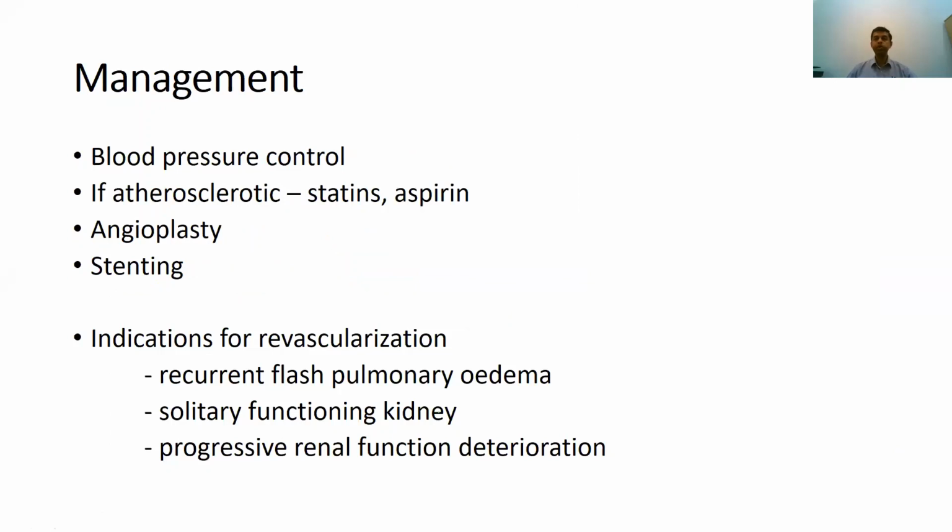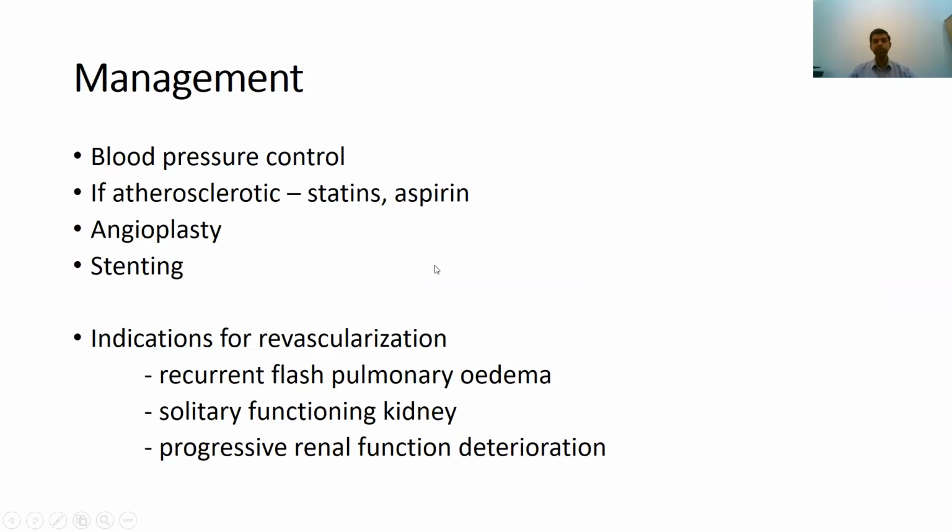So how do you manage these patients? Blood pressure control becomes very, very important. So you have to control the blood pressure very well. If the underlying etiology is atherosclerotic, you might have to start thinking of giving statins and aspirin.